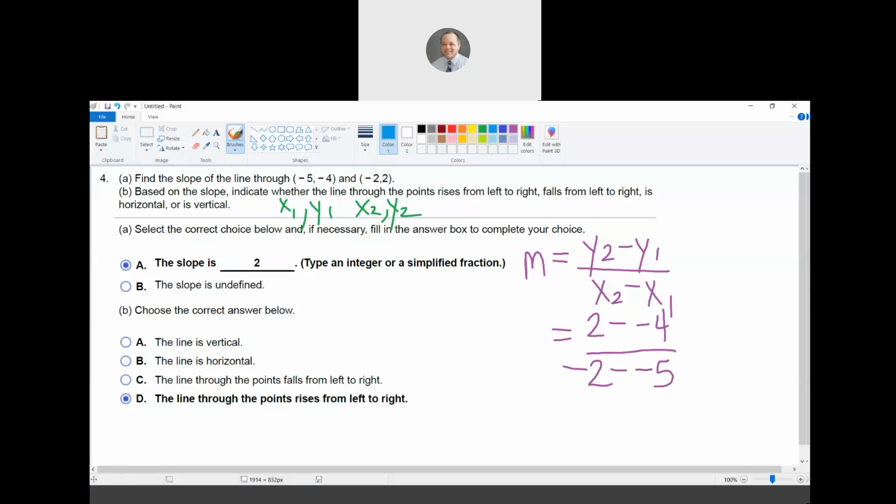We know from previous problems that a double negative turns into a single positive sign. When we do the calculations, 2 plus 4 is 6. Negative 2 plus 5 is 3. That's how we got 2 for the slope.